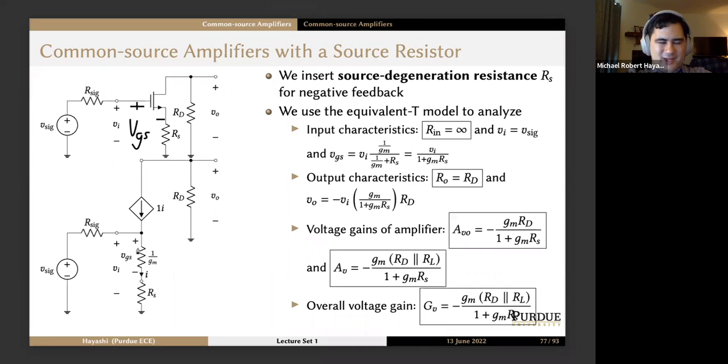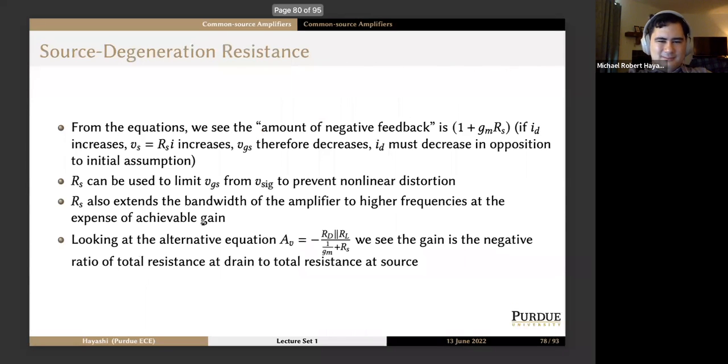So VGS, which has the positive terminal at the same potential, but the negative terminal rising up, means the differential voltage VGS decreases. And then by our control equation, ID must decrease, in opposition to our initial assumption. So that's negative feedback in action. Take ECE 382 if you need more explanation.